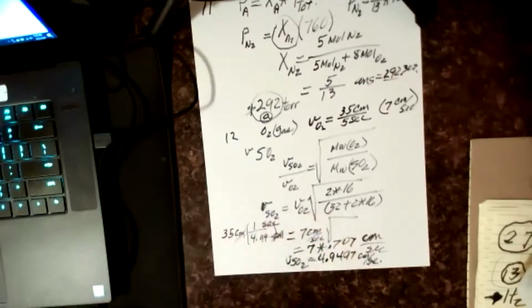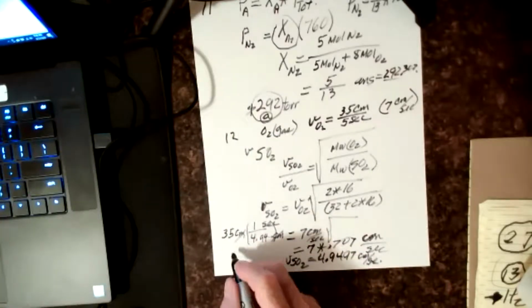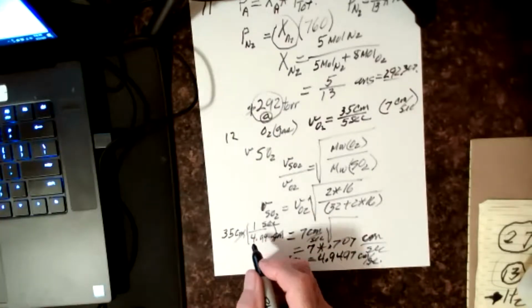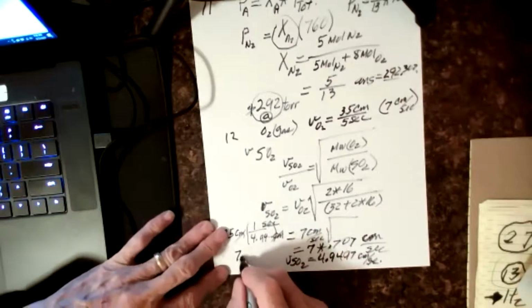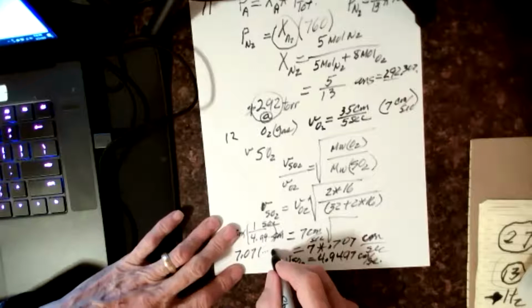So I need to divide that out, and I get 35 divided by the answer I've got on my screen, and I get 7.071 seconds.